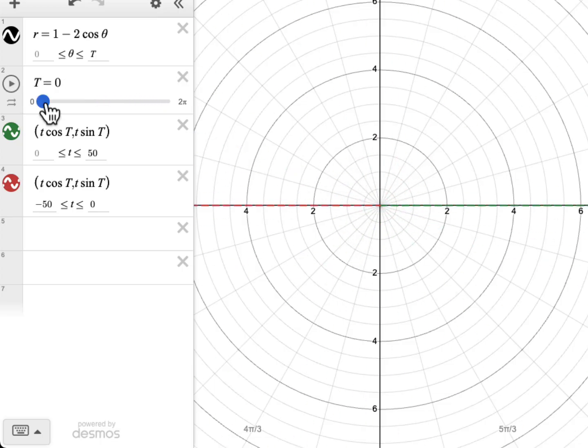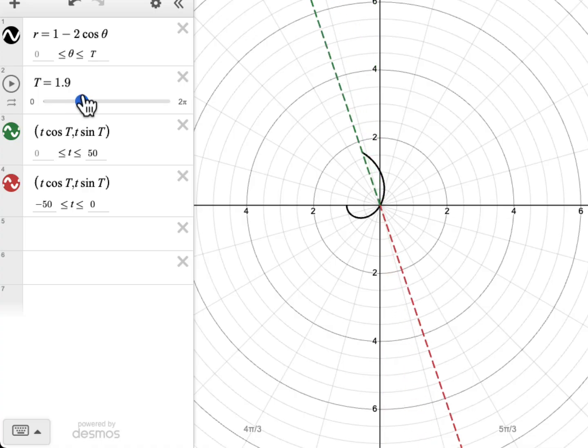Now let's go through portion by portion. As t varied from 0 to pi thirds, notice that the graph was being drawn along the red ray, not on the green ray. That's because r was negative for all of these thetas. But then we reach the origin when theta is pi thirds. As we continue to rotate, r will grow from 0 to 1 by the time we get to angle pi halves.